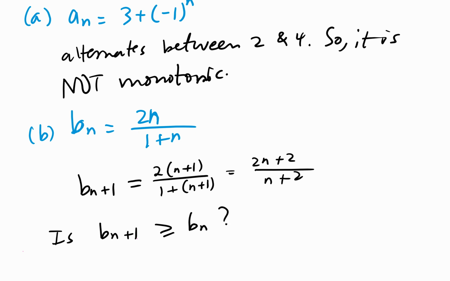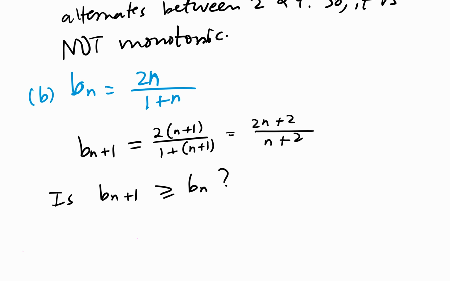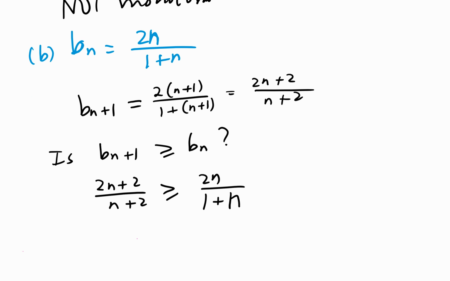Well, this is how we do it. It's the same as asking, is this bigger than or equal to 2n over 1 plus n? Now we can multiply both sides by the LCD because n is positive, so it's not going to affect the inequality sign.